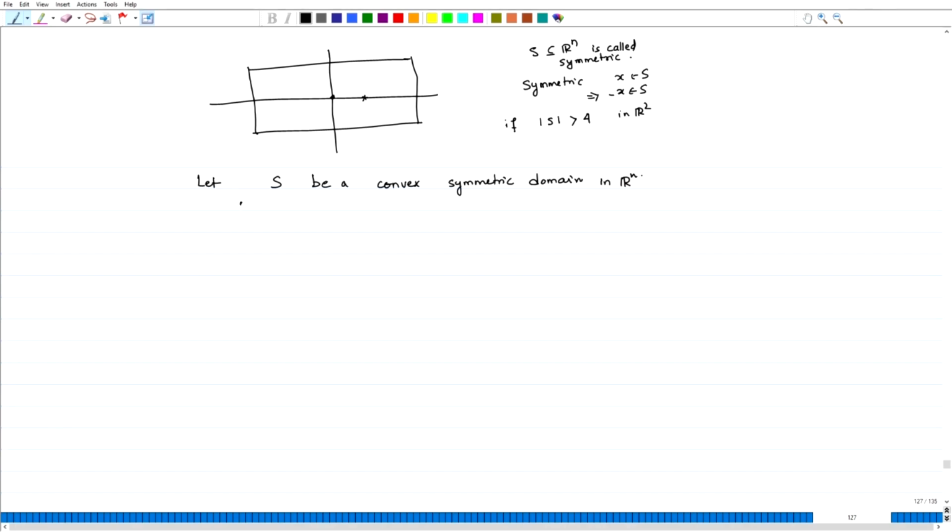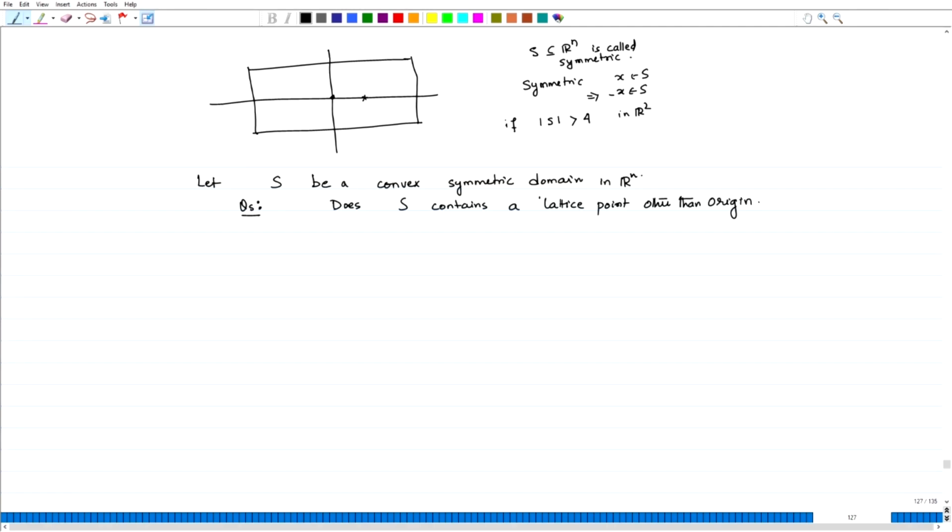Now the question is, does S contain a lattice point other than 0, other than the origin?